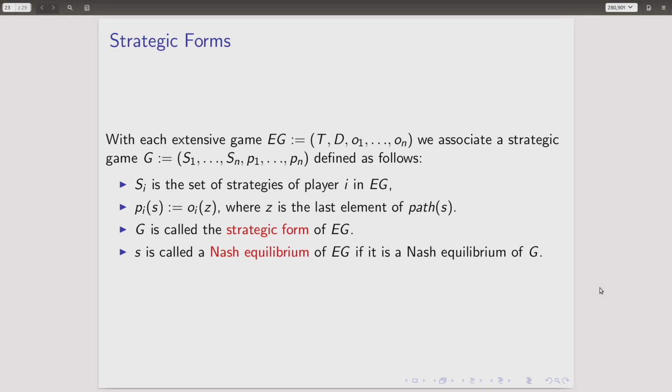We still need the payoffs. Well, that's easy. If you have this vector of strategies, so a joint strategy, we just explained that such a vector results in a path through the tree. This path yields a single leaf.